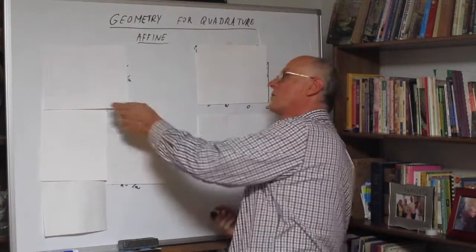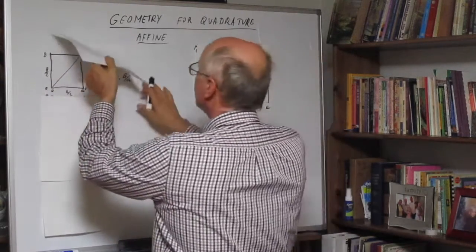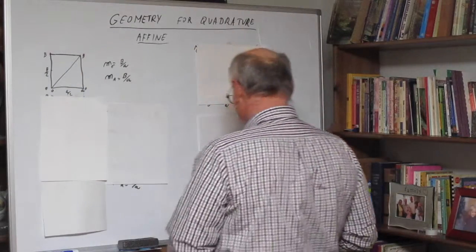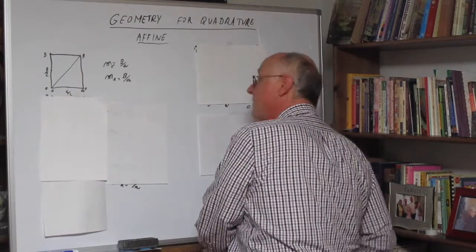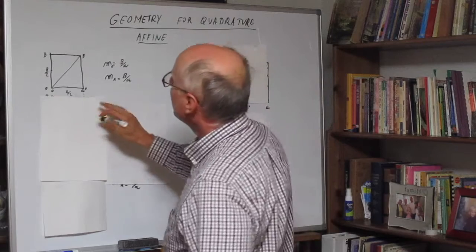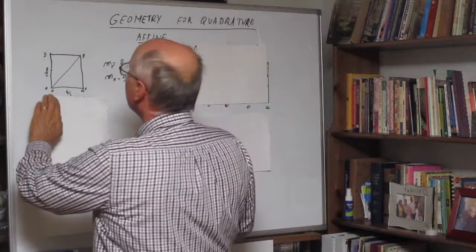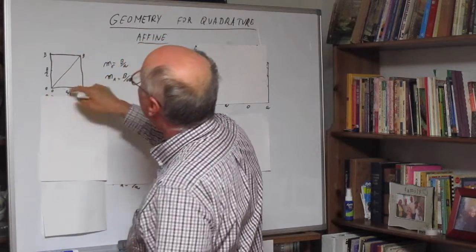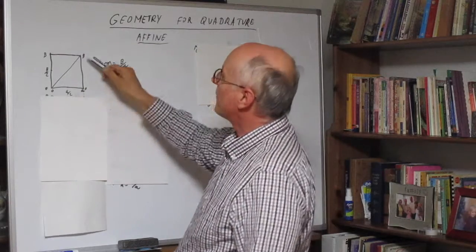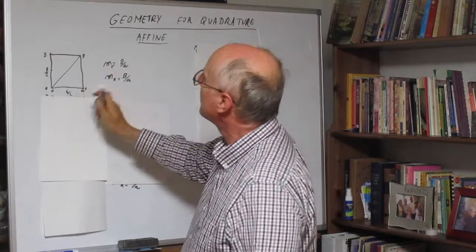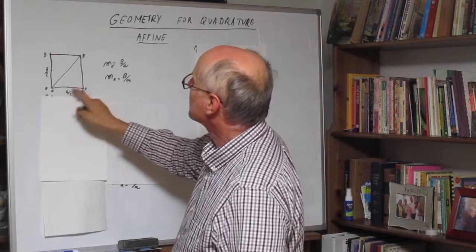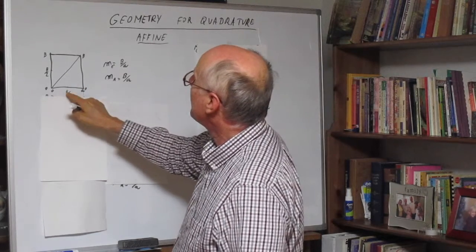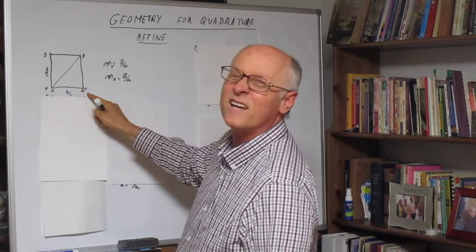But affine geometry, basically, that's what we're after. So let's look at the situation like this. Here's our little box with a diagonal through it. And the box goes from 0, a over 2a.